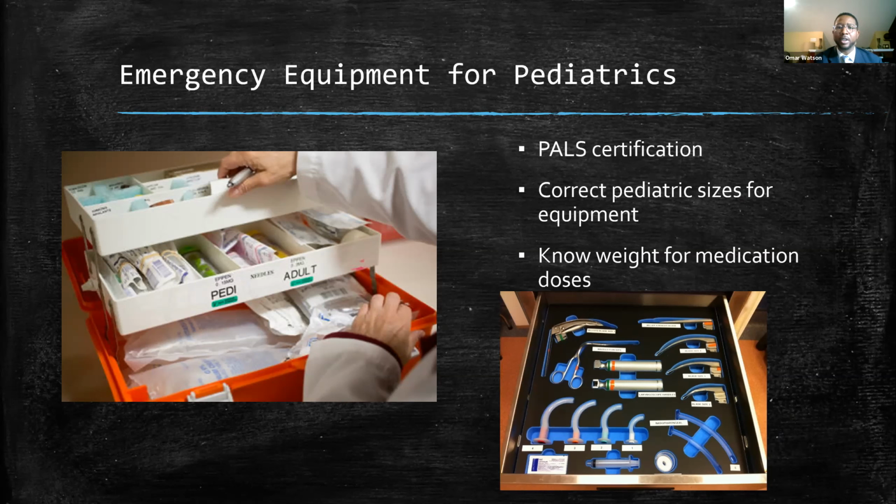We also have correct pediatric sizes for equipment, and it's very important to have all my kids weighed at the beginning of their consultation, so we have a record of this if we decide to do surgery, and we can decide which medication doses we need if we do IV sedation or general anesthetic.